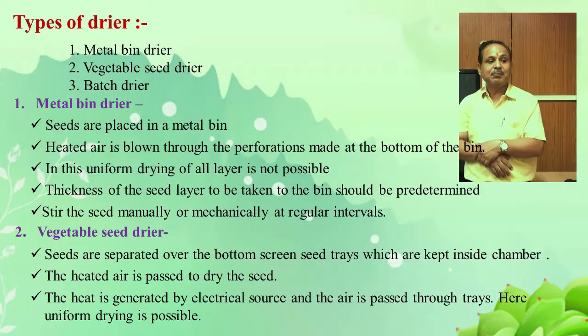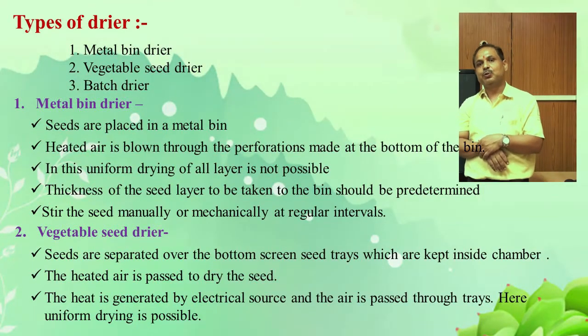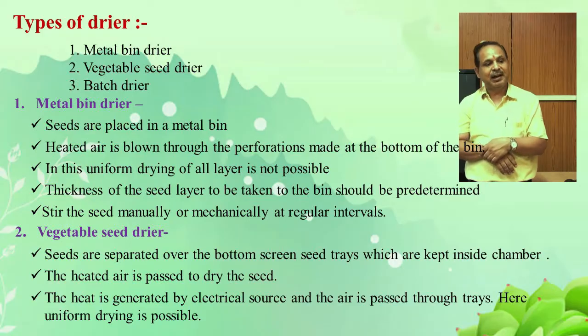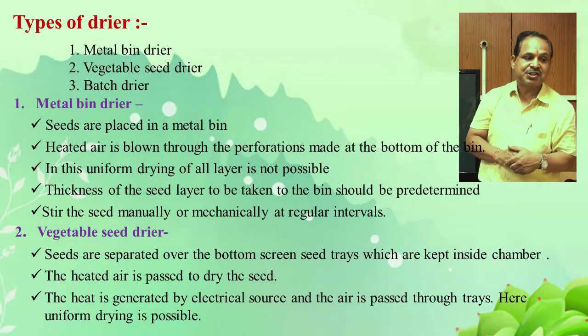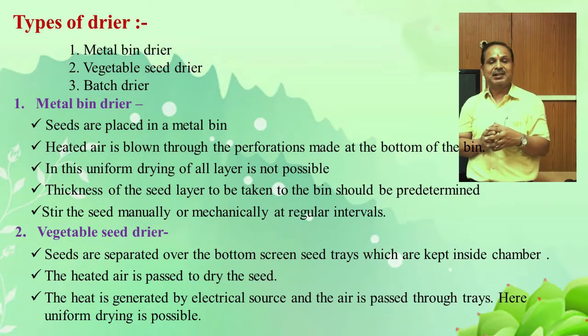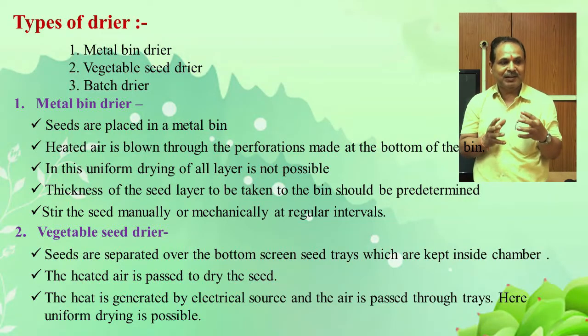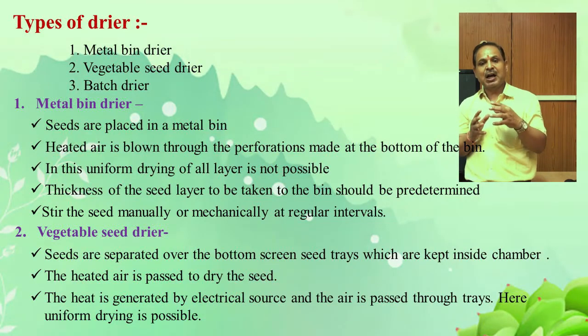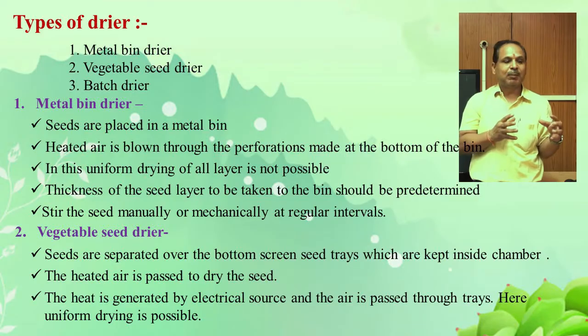There are different types of dryers which are used in forced air drying. There are metal bin dryers, vegetable seed dryers and batch dryers. In the metal bin dryer, a metal bin is used which is perforated at the bottom level.